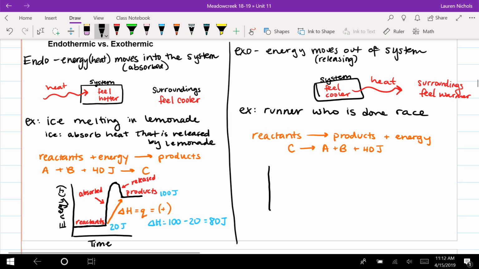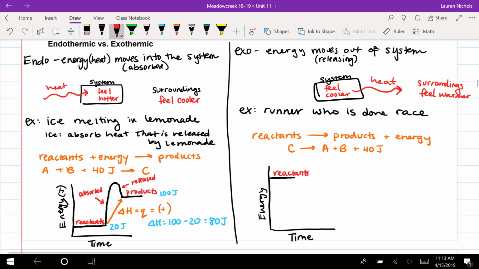If we draw this same graph, where we have time on our x-axis and energy on our y-axis, the reactants in an exothermic reaction are going to start off higher than our products.